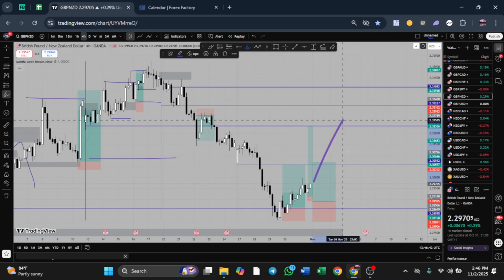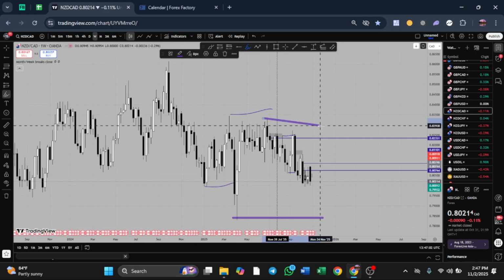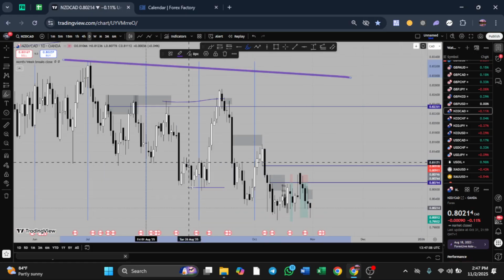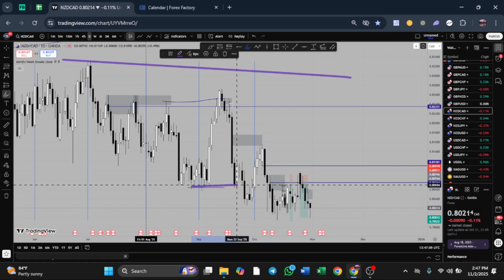So let's see what we've got for NZD card. Monthly is bearish, weekly. Note this is the range we are working with. So everything we've got is internal. We have this internal. This was the range, internal range that grabbed liquidity. This is an internal range.